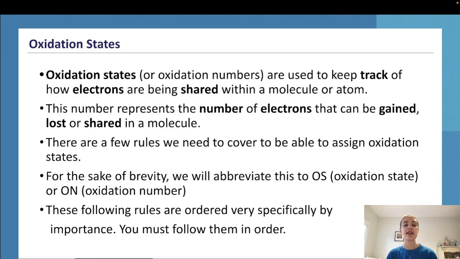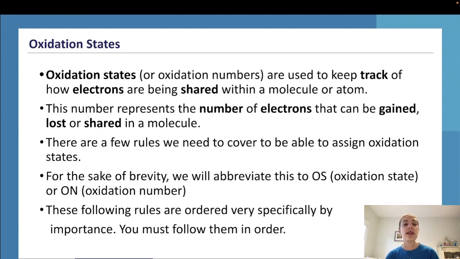Oxidation states, which we can also call oxidation numbers, are a number we use to keep track of how electrons are being shared within a molecule or atom. It also helps us understand how electrons are being transferred from a molecule or atom to another molecule or atom.